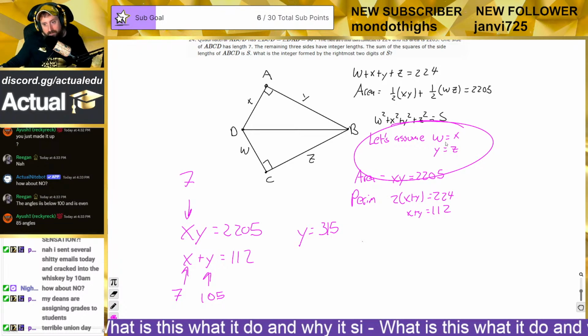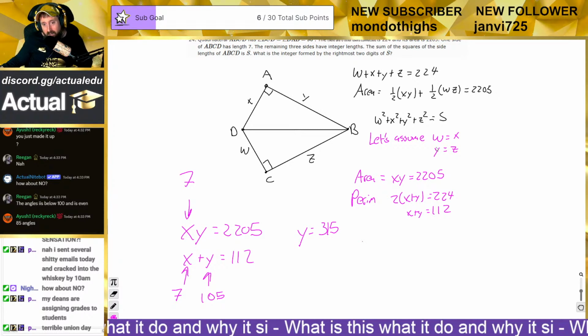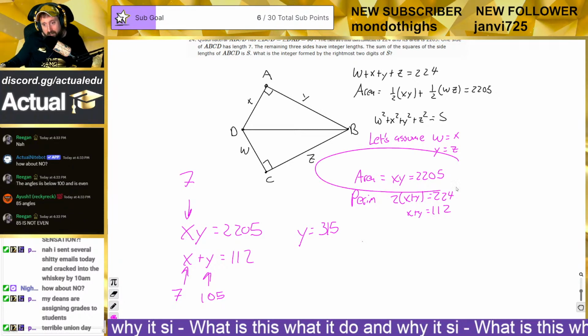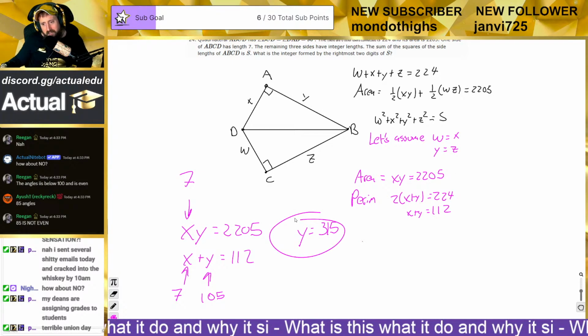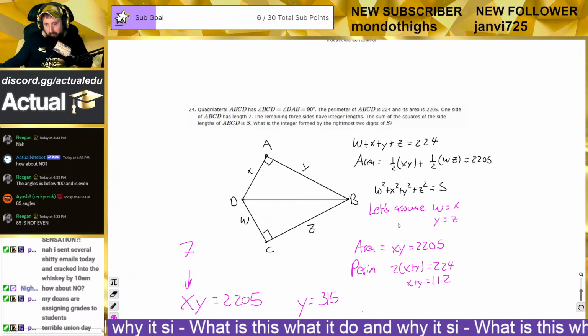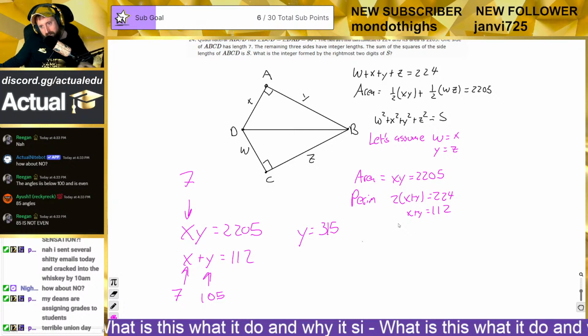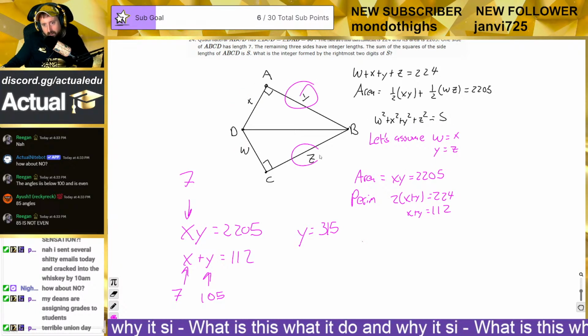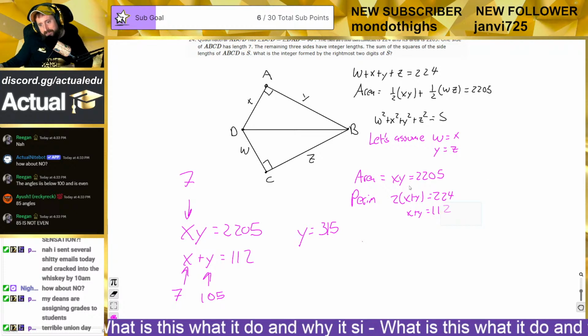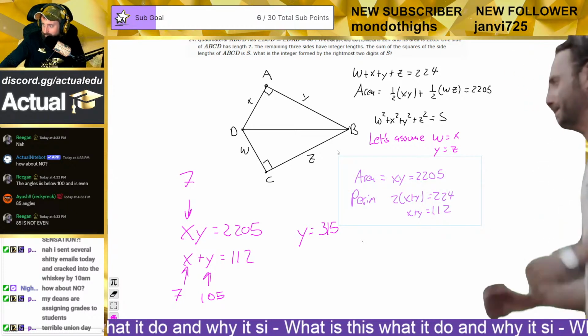No. Because if I do, then my area, if one of these has to be 7, means that the other side has to be 315, but that doesn't satisfy the perimeter. So this is wrong. We can't assume that this side equals this side and that this side equals this side. Damn. That's unfortunate. I'm sad.